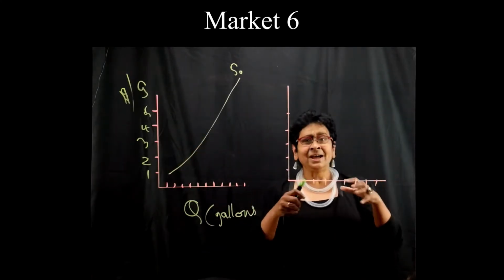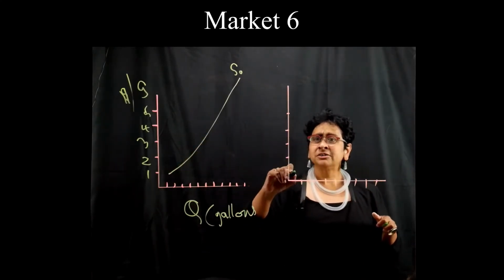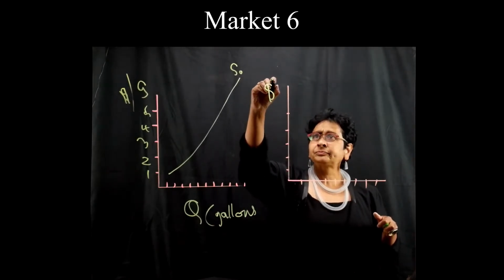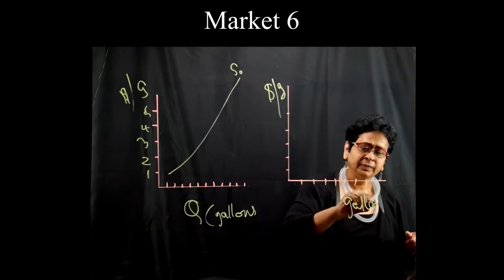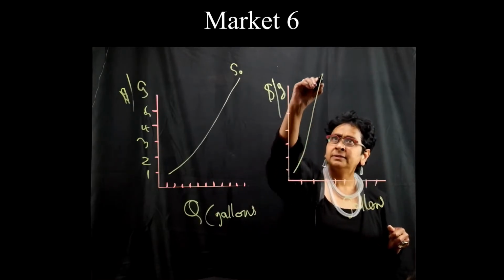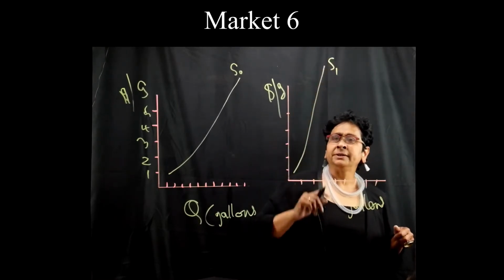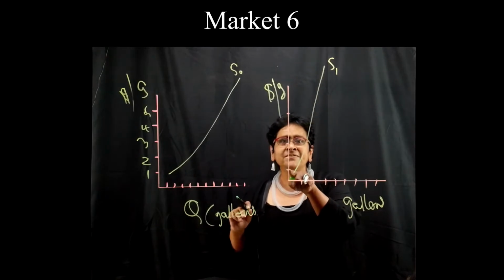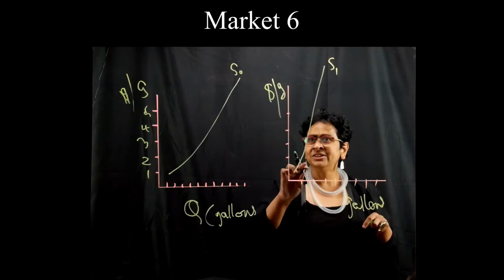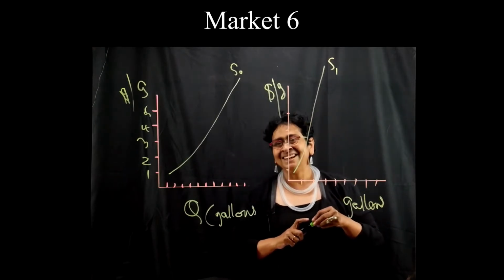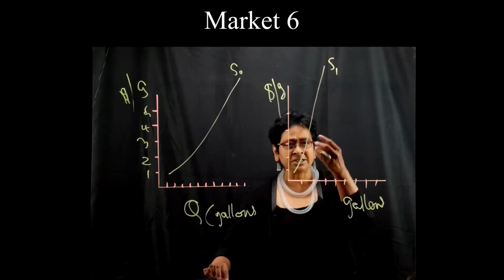But on the other hand, if you've got far less responsiveness, then look at this one. It takes a very large change in the price to generate even a small response in quantity supplied.